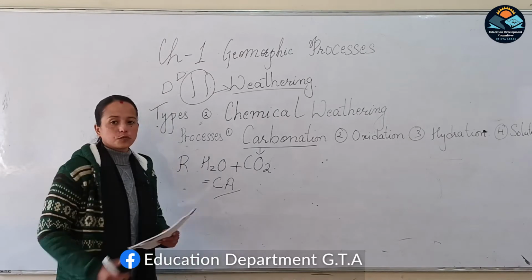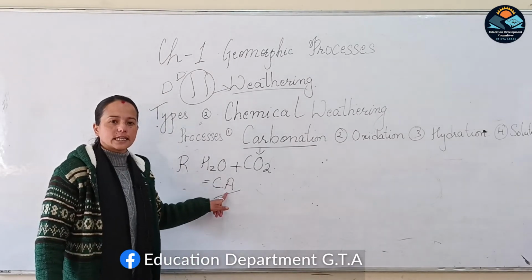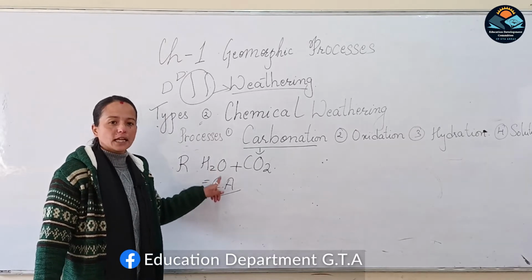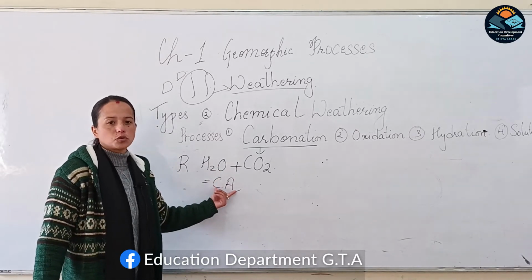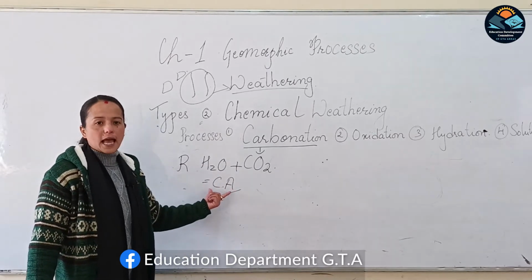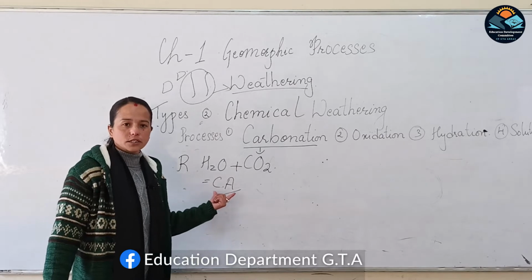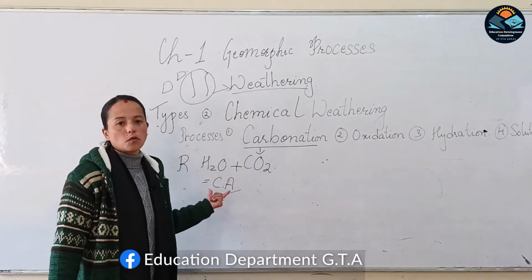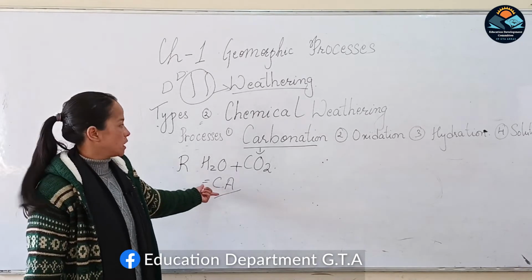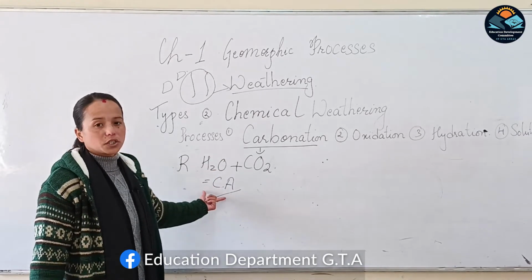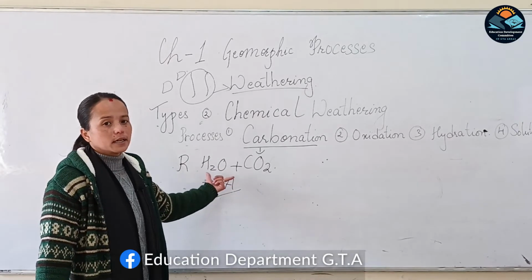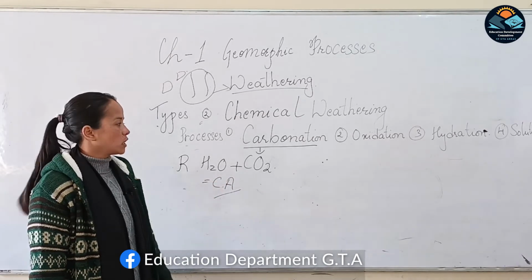This carbonic acid acts on landforms which have limestone and chalk. It is active on the limestone region and dissolves the limestone, forming various types of features there. This is the process of carbonation. The limestone is dissolved, and hence the rock is broken into pieces.